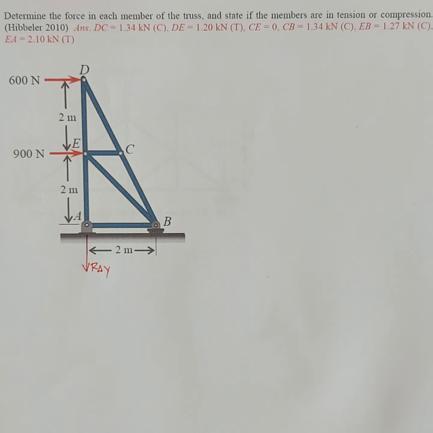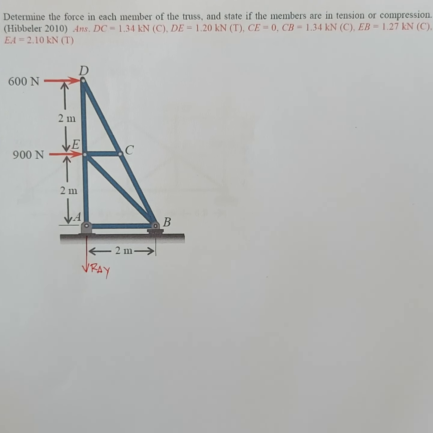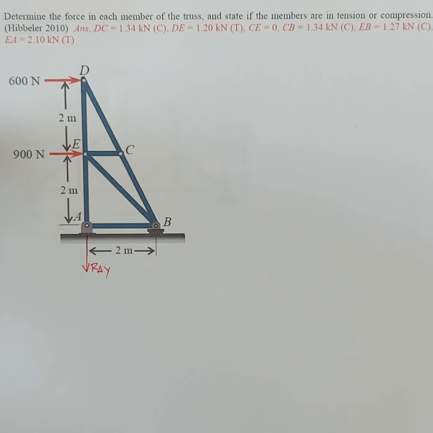Now you can assume it to be upward, but if our assumption is wrong, the result in our solution later on will simply be negative. So if the result is negative, it means our assumed direction is wrong, but the value or magnitude is still correct.